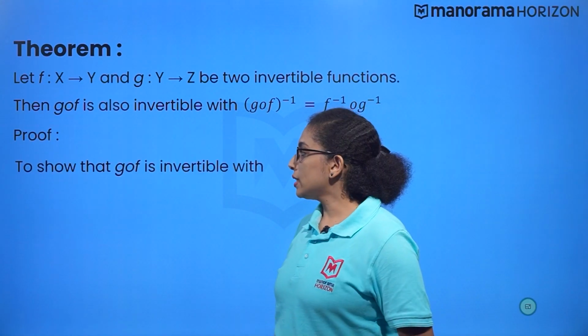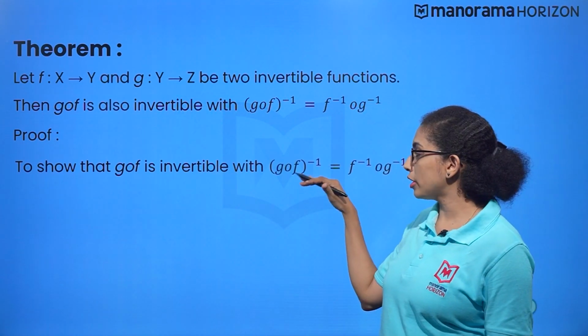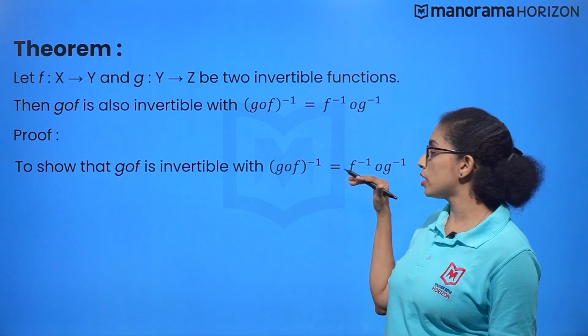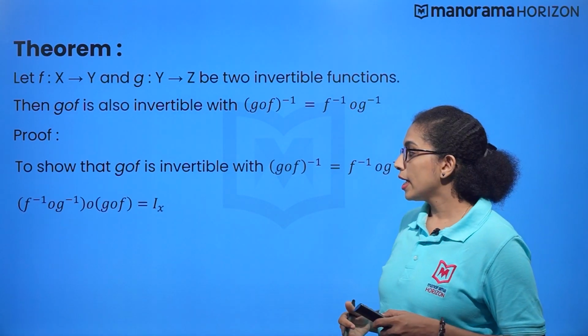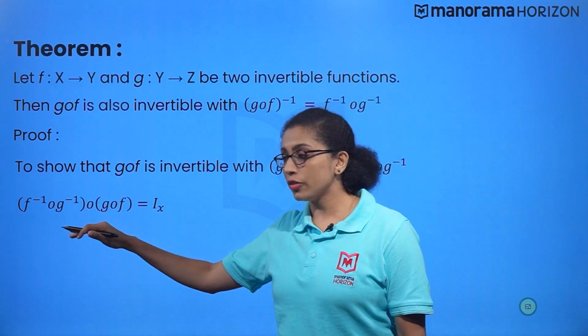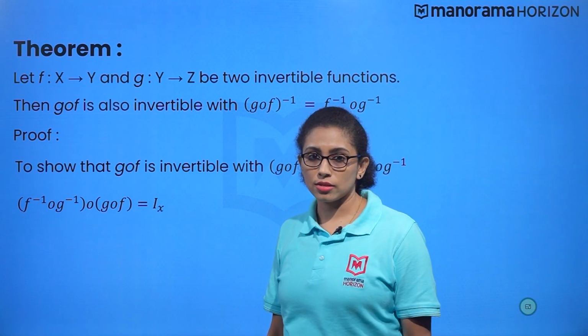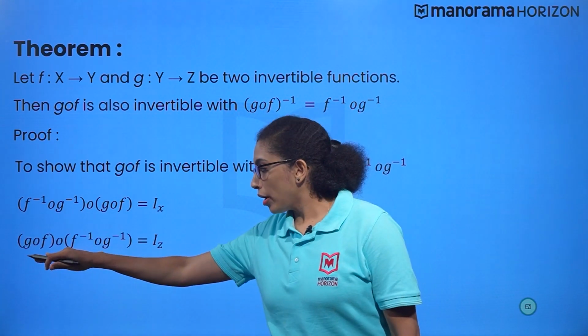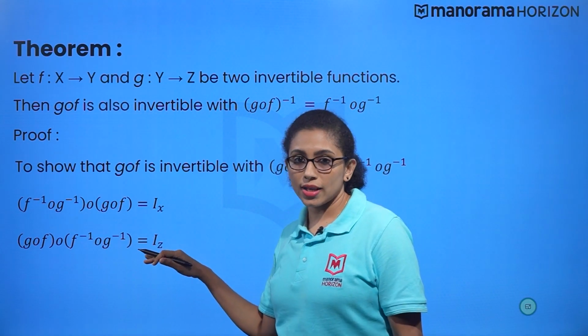To show that g of f is invertible with g of f inverse is equal to f inverse of g inverse, it is enough to show that f inverse of g inverse of g of f is equal to ix. G of f of f inverse of g inverse is equal to iz.